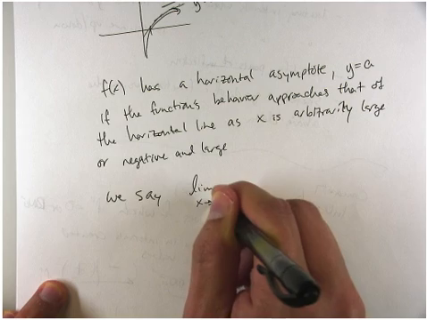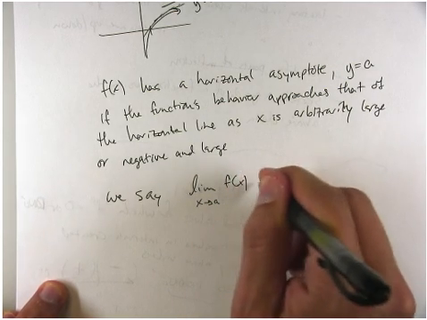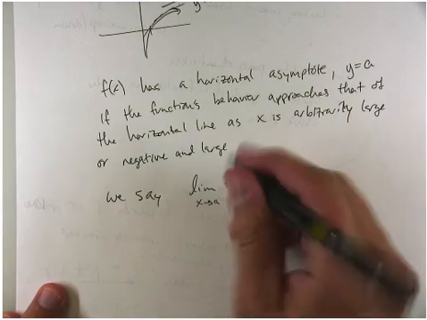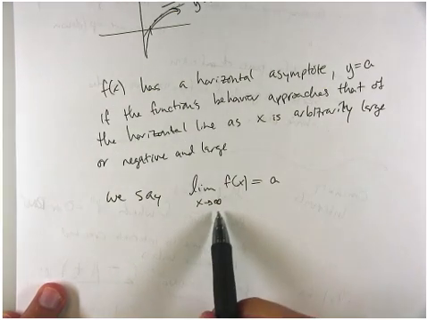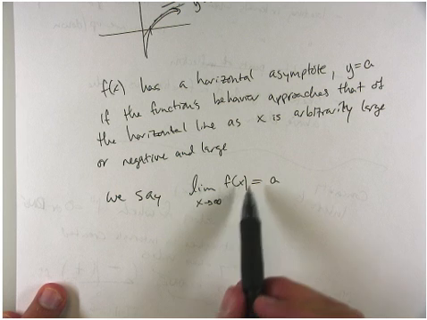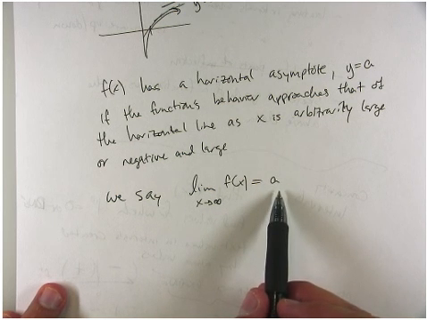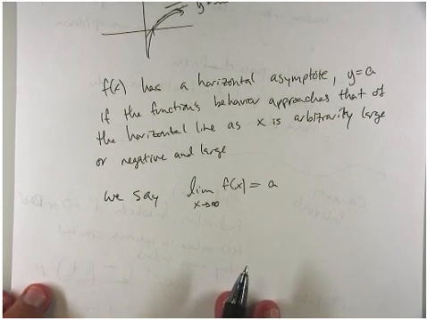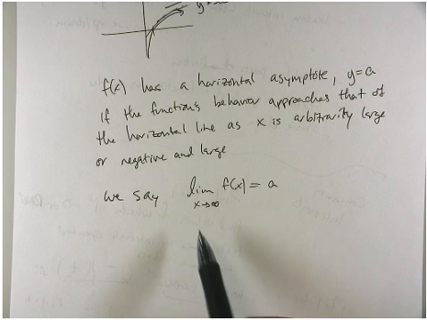This is the symbolism that we're going to use. We say that the limit as x approaches infinity of f of x is a. So this is x getting arbitrarily large. Notice x cannot be infinity.